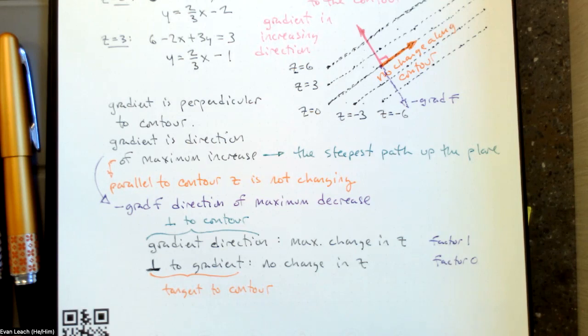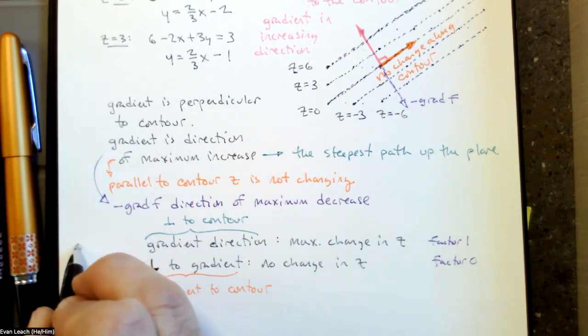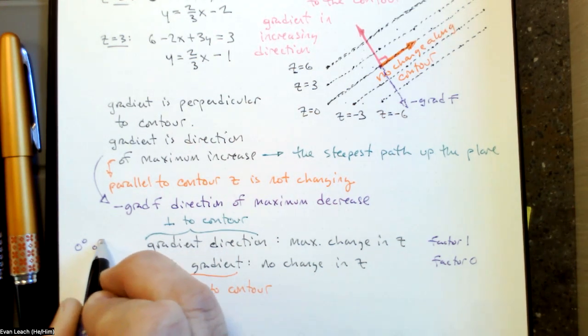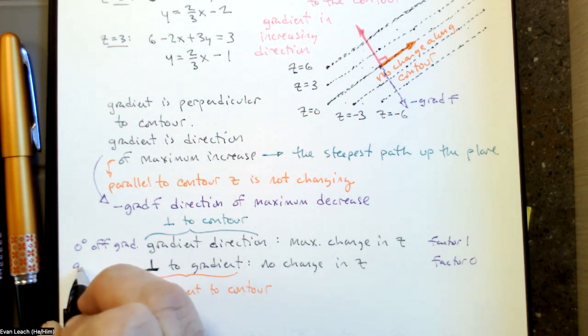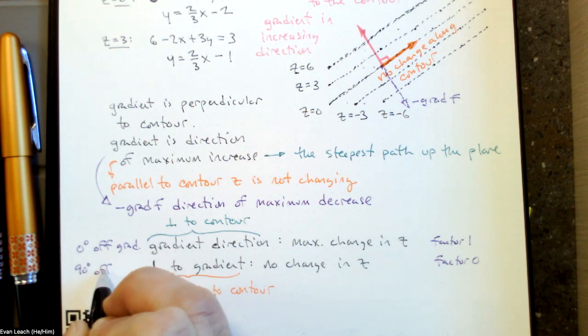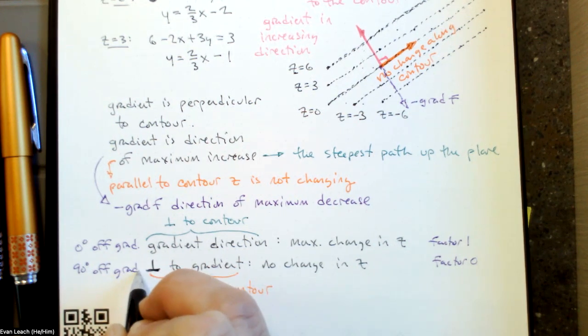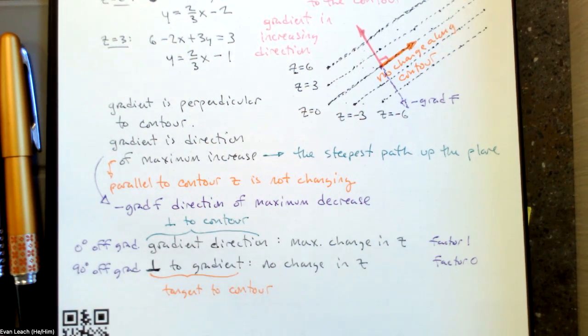If we are 0 degrees off the gradient, we have max change in z. But if we are 90 degrees off the gradient, it drops down to 0.